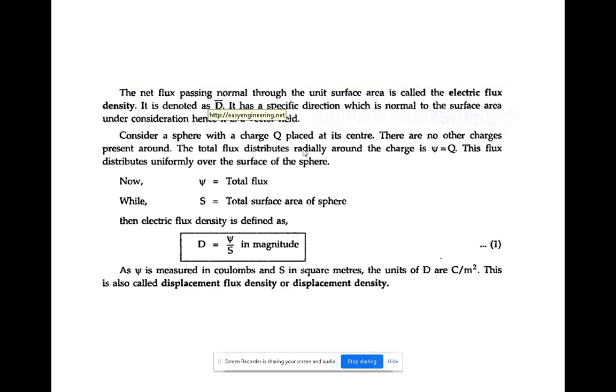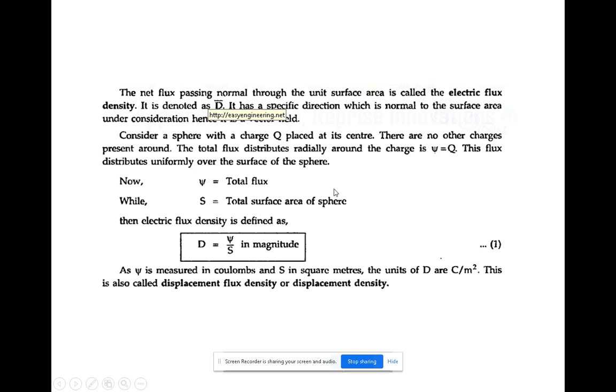The net flux passing through the unit surface area is called the electric flux density. It is denoted as D vector. It has a specific direction, which is normal to the surface area under consideration.